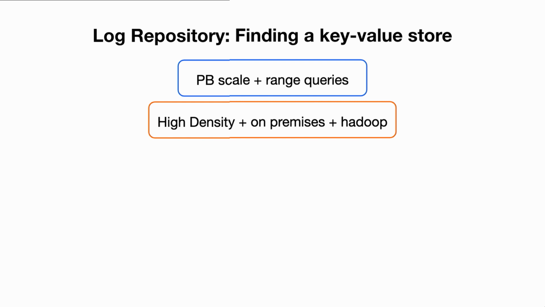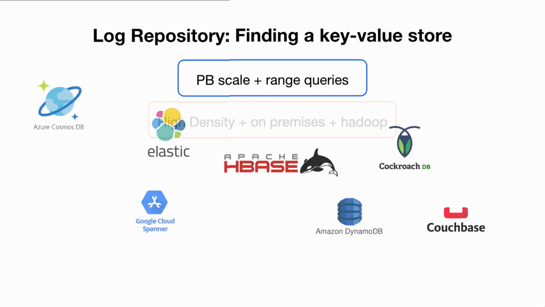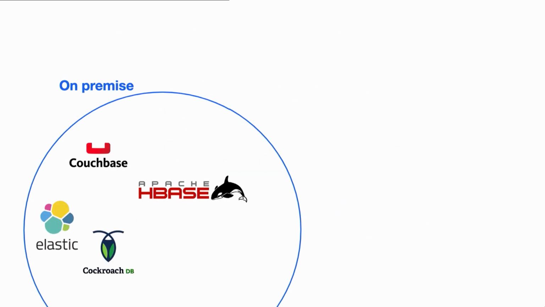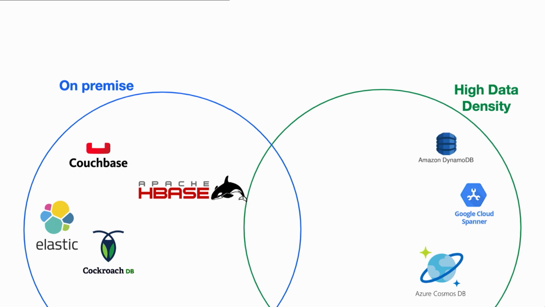So to understand why, I want to go through all of our business requirements and show why there aren't any databases that meet these. So let's just take a look at the ones that meet our hard technical requirements and walk through them one by one. So we need a database that runs on-premise. We want a database that has high data density or where you don't have to worry about it because it's hosted in the cloud.